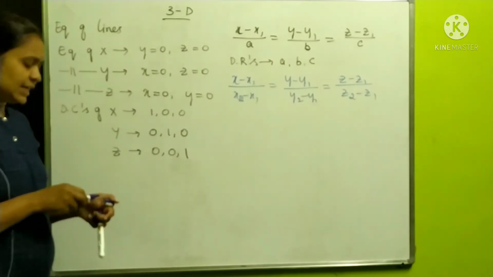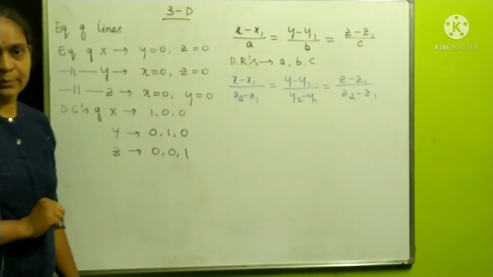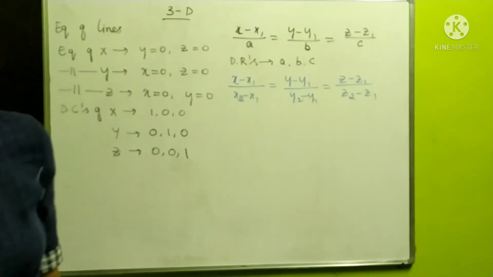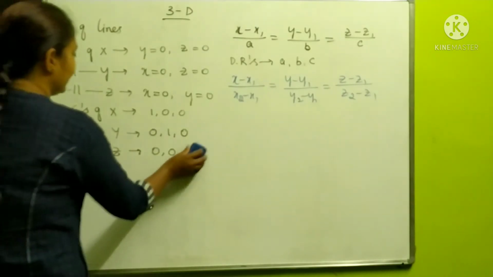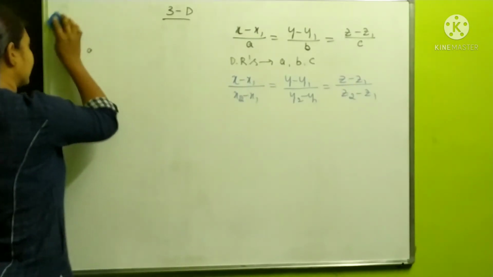Whereas x1, y1, z1 and x2, y2, z2 are points on the line. Now let us go for angle between two lines. How to find angle between two lines?